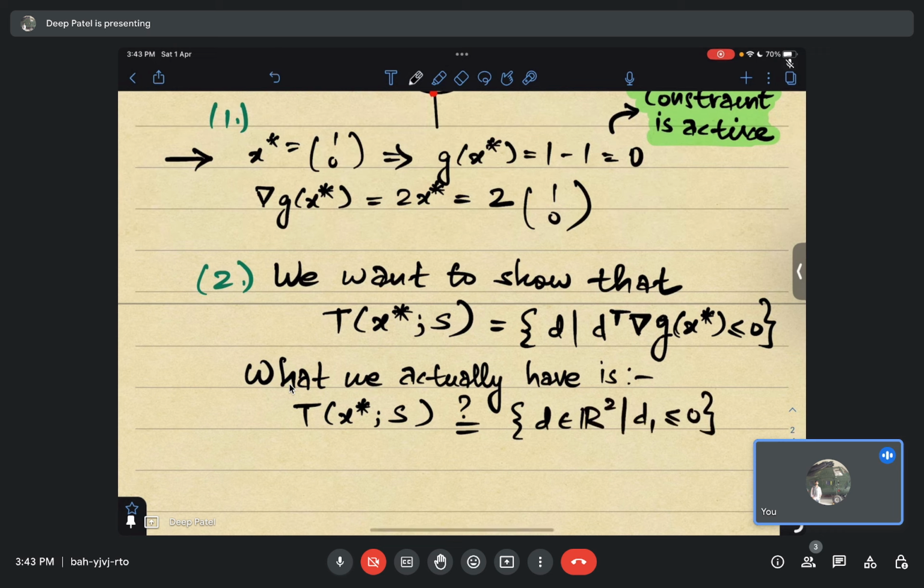Note that I am not saying this implies the definition of tangent cone. I mean the desired definition of tangent cone implies this description of my set. I'm not saying that. I'm saying, can I directly say this? Is it possible for me to say that? For the tangent cone, right?